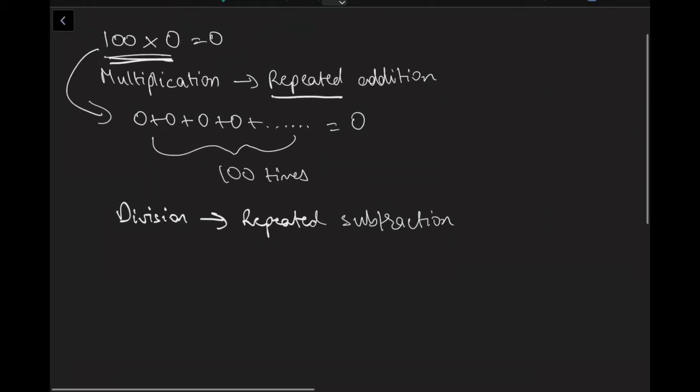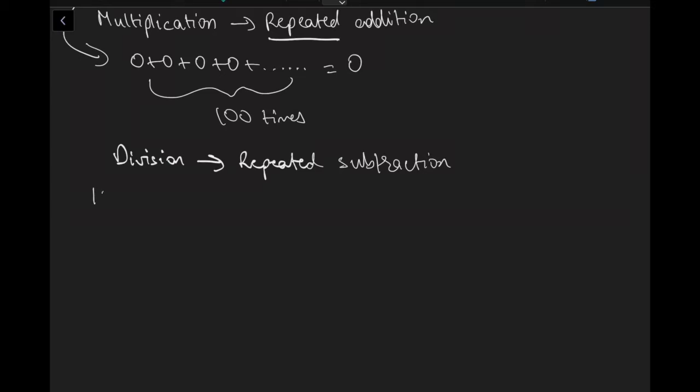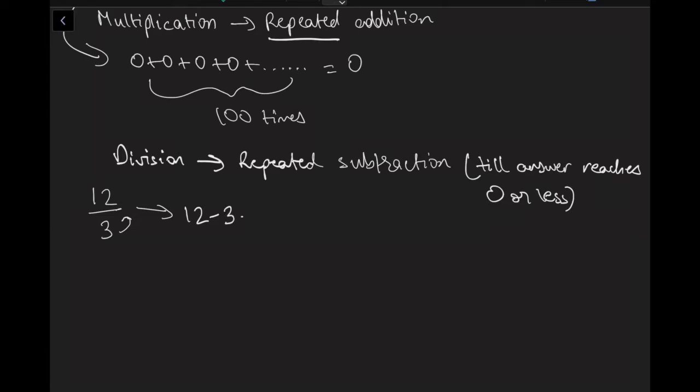If I take an example as 12 divided by 3, this means that you have to subtract 3 from 12 n number of times till you get 0 or less than 0. So this is going to be 12 minus 3 minus 3 minus 3 minus 3, which is going to be 0. Now you'll notice that 3 is subtracted 4 times from 12 to get an answer of 0.